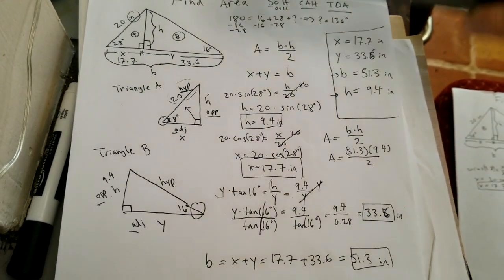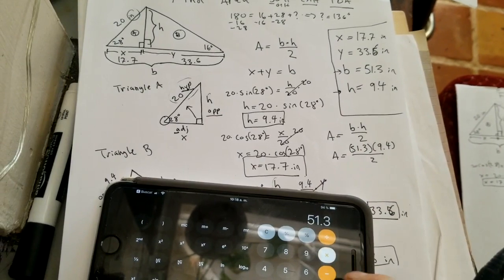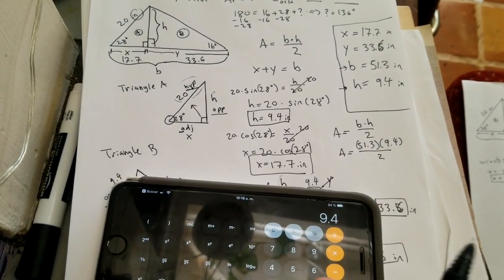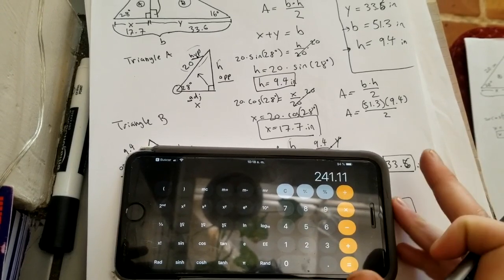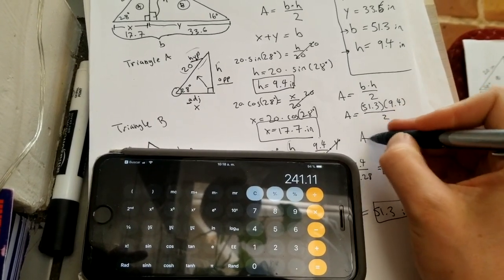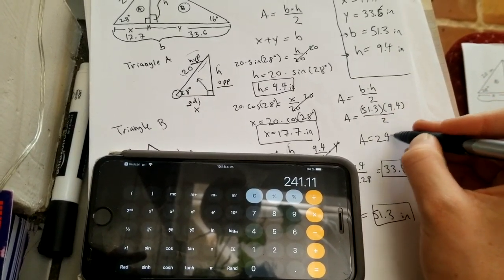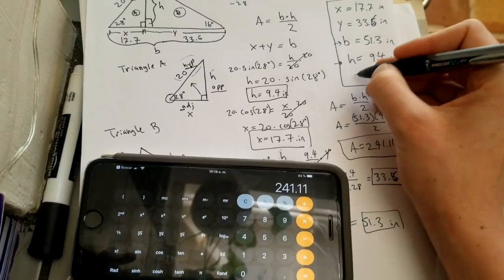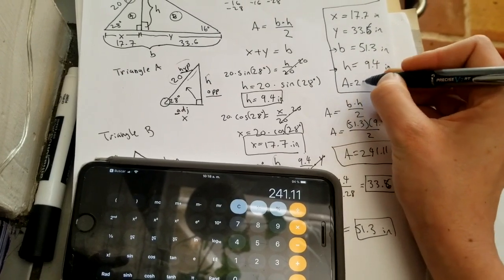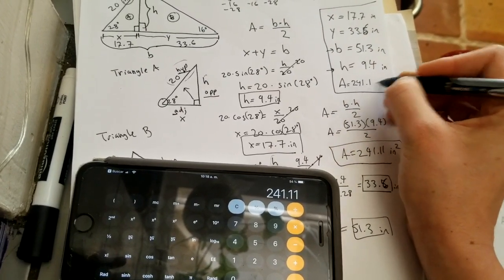So I'll take the 51.3, I'll multiply that to the 9.4, and then I'll divide by 2. So that my area is equal to 241.11 inches squared. And I'm going to put that in my answer box. I'm just going to round it to 1 decimal point.